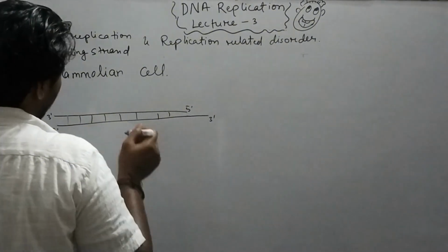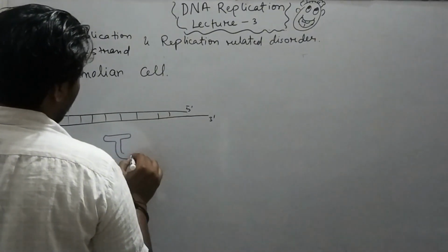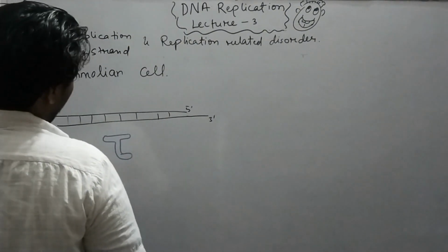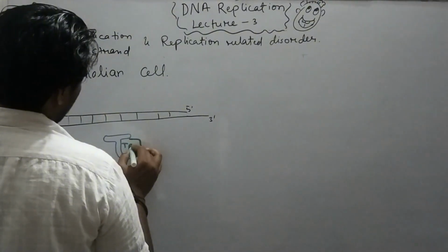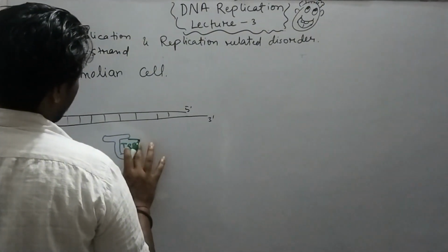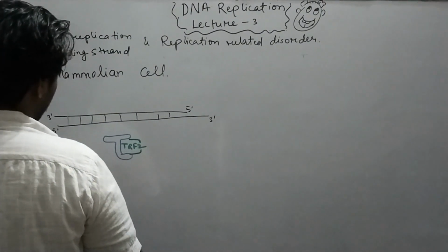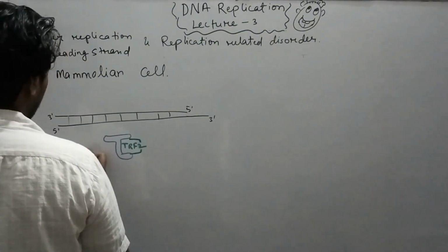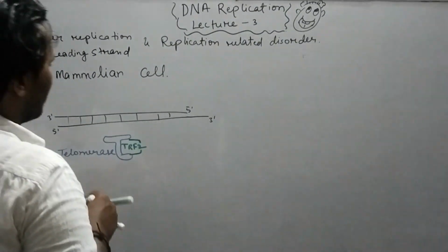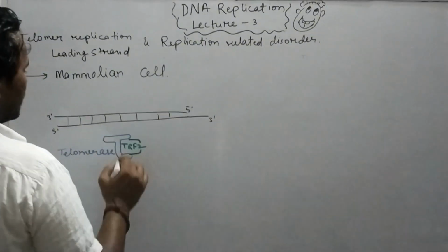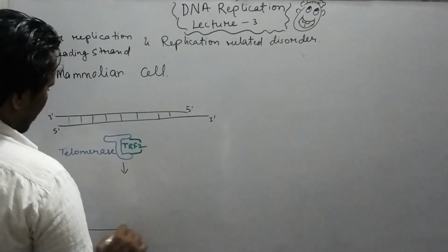So this is our telomerase enzyme. It has a TRF2 protein, and this is our telomerase. Together they will help in the formation of this T-loop structure.